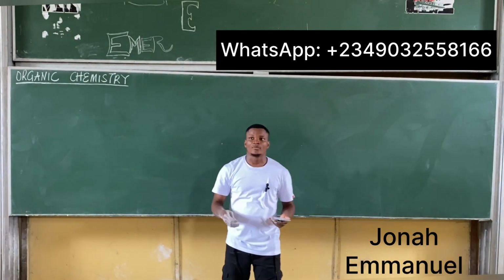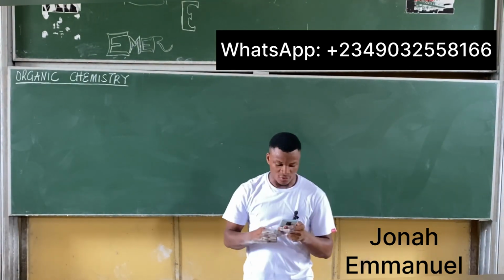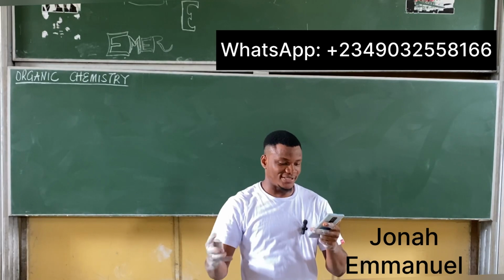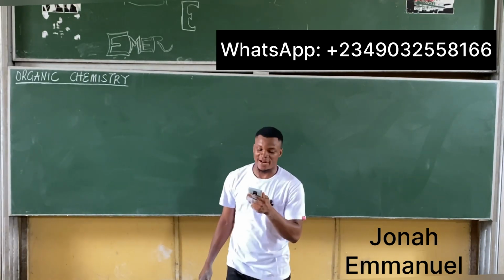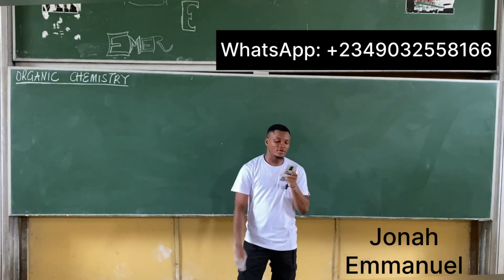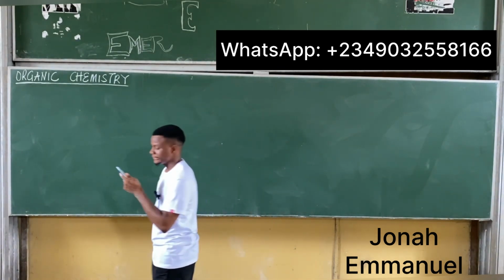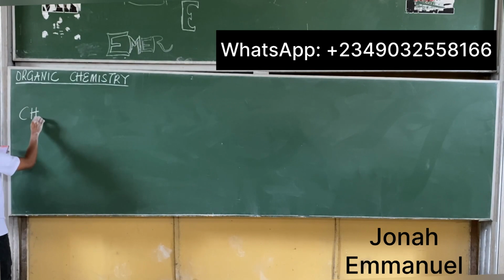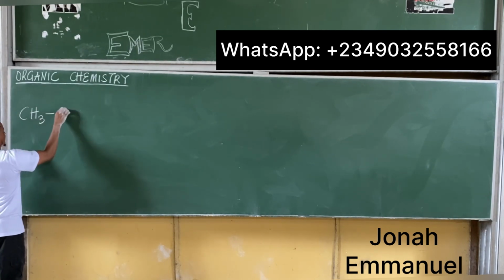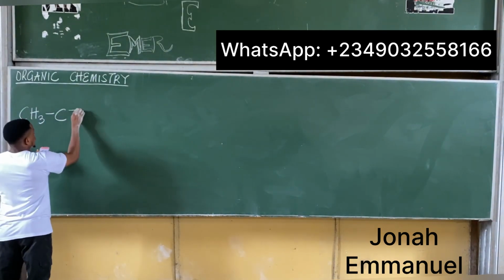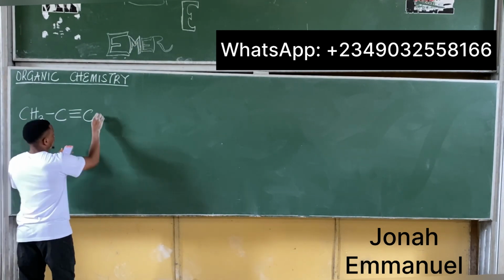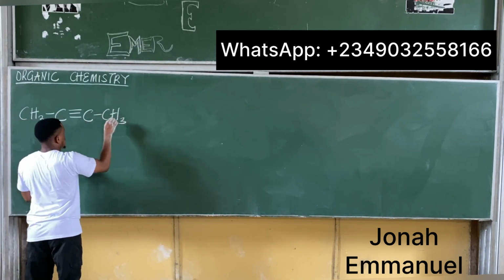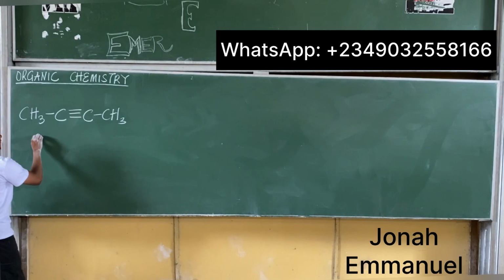All right. This question says, what condition or conditions are required to produce trans-but-2-ene from 2-butyne? If it's a butyne, that means there are four carbons, CH3, and this is 2-butyne.